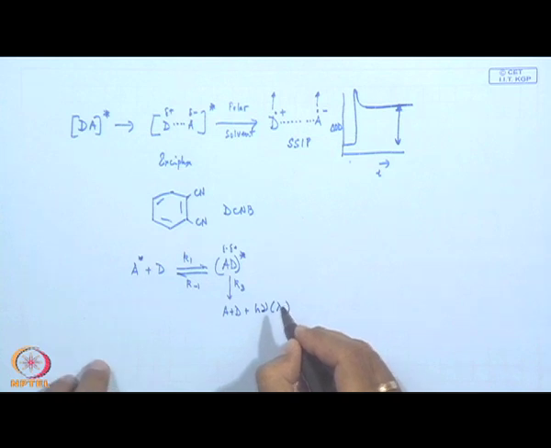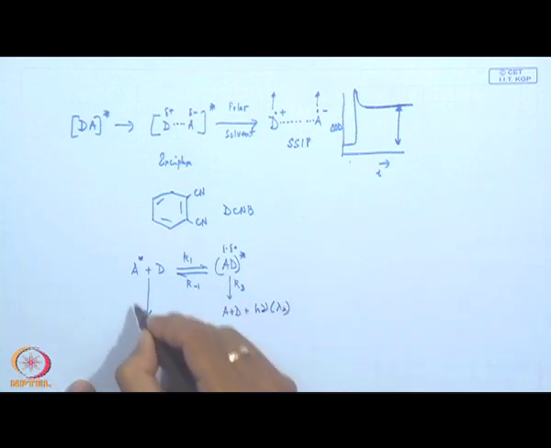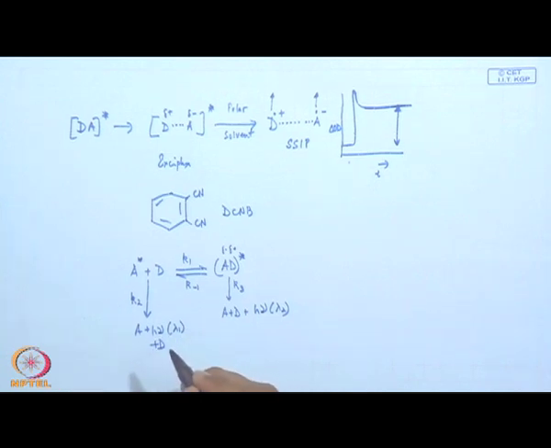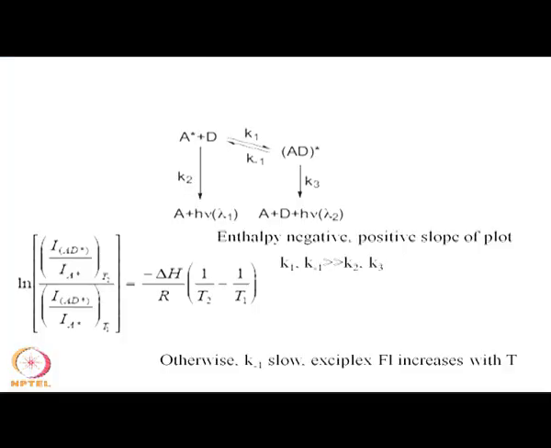It is a shifted emission, and this is your K2, A plus h nu at lambda 1, plus donor is there. Okay, so enthalpy is negative, that means there is a binding interaction.